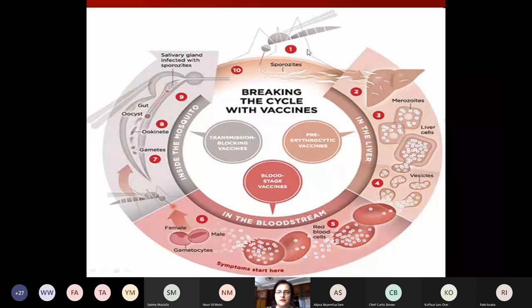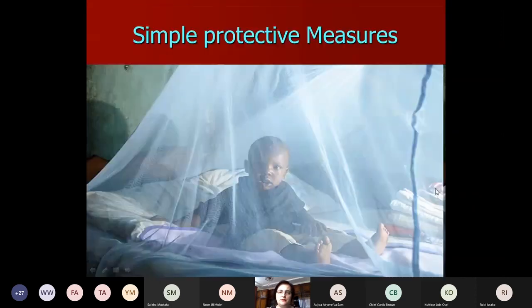But here you can see all these possibilities: in the liver, pre-erythrocytic vaccine, in the bloodstream blood stage vaccine, and inside the mosquito transmission blocking vaccines.